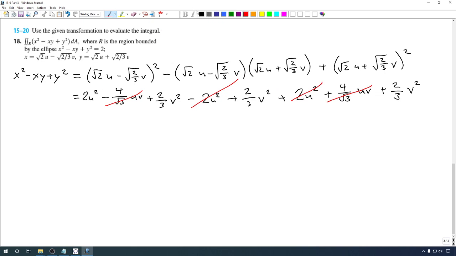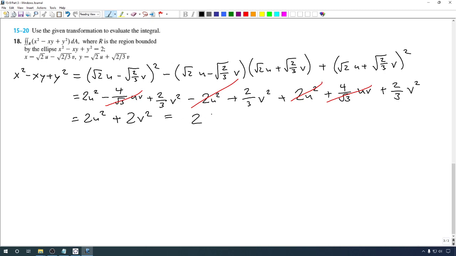So the only thing that involves u anymore is a 2u squared. The ones that involve v, we have a v squared here, v squared here, v squared here. All those are times 2/3. We essentially get to add 2/3 to itself 3 times. Essentially, what is 3 times 2/3, or 2? We end up getting a plus 2v squared.